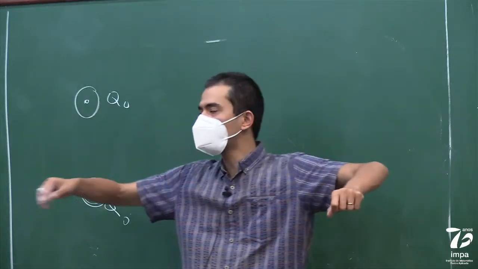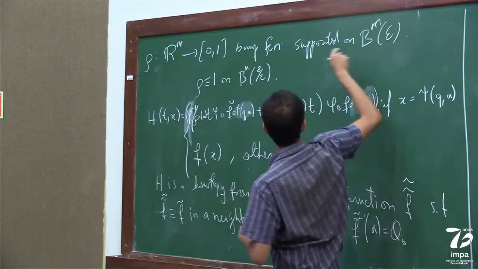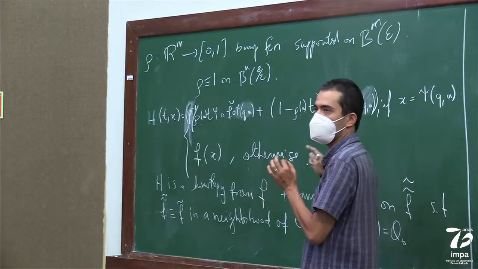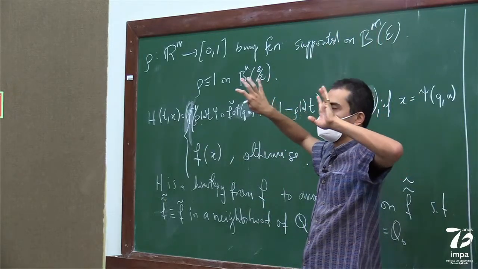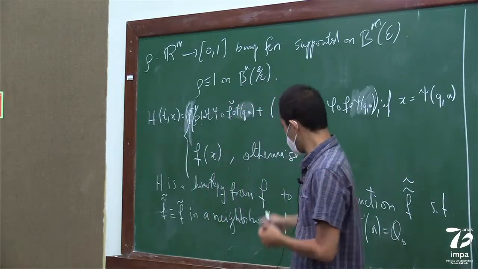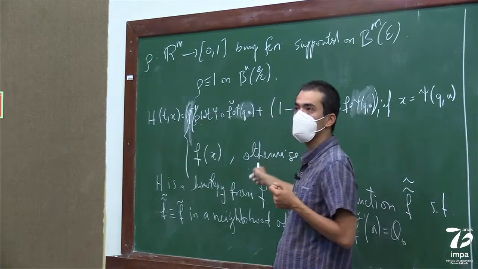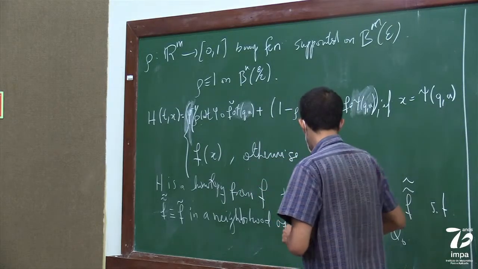If you just do a brute force linear interpolation and you don't worry about this bump function being supported on a ball of radius epsilon, if you just take any bump function, which just means the support is compact, you could have done this procedure, and it would have glued to a smooth homotopy that would satisfy this condition.